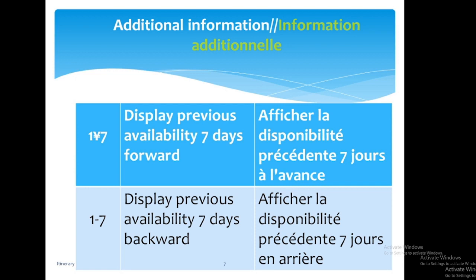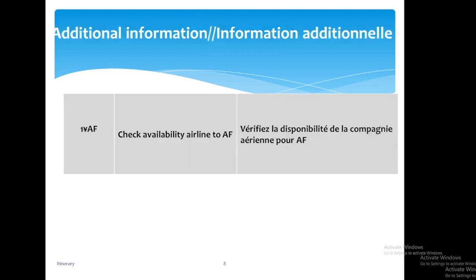If I want to go back 2 days, I'll just do 1 minus 2. But in this case, I'm doing 1 minus 7. You must make sure that the dates are active, because if today is the 20th and you do a booking for the 25th and you say 1 minus 7, you will definitely get an error.